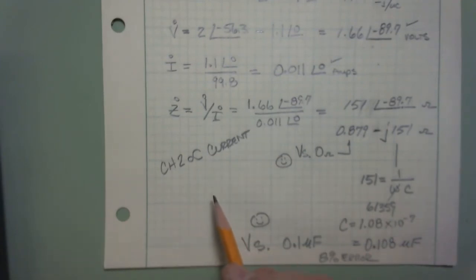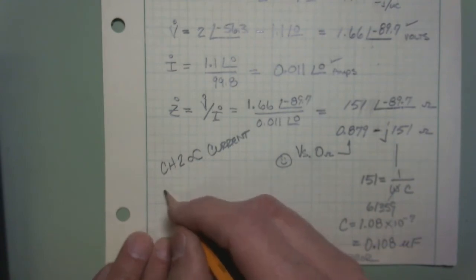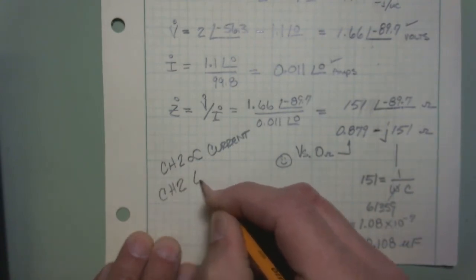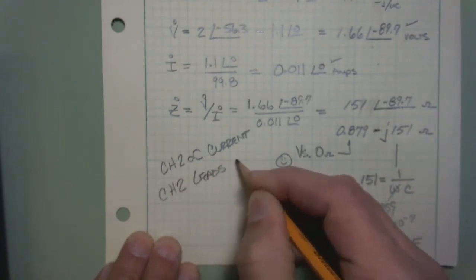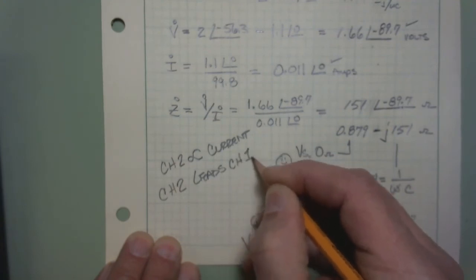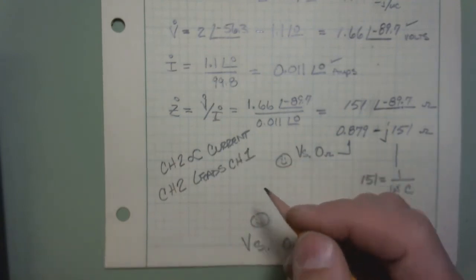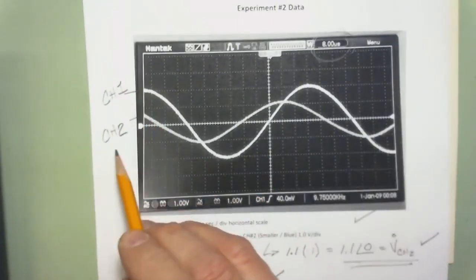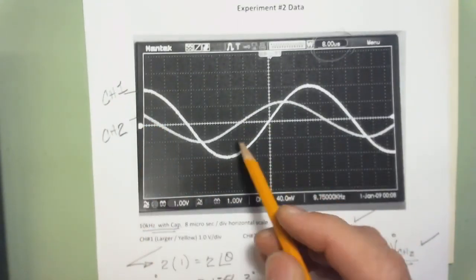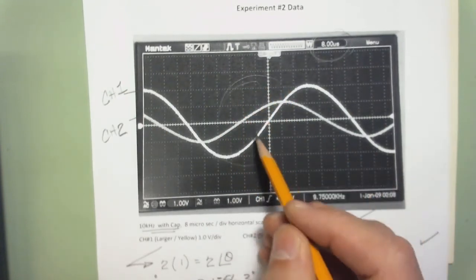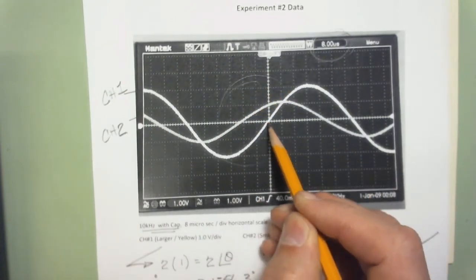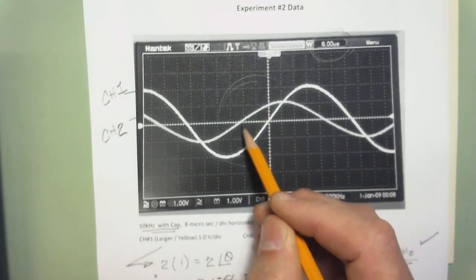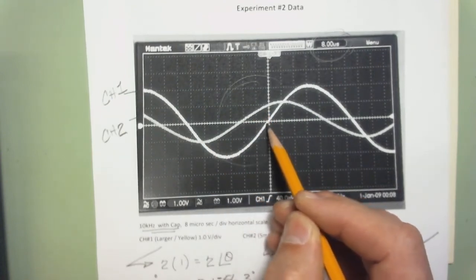And I can further say that channel 2 leads channel 1. Let's look at that. So back over here, I've got channel 1. And if we look at it right in this range here, we would say that this wave would be leading that way, right? So this is channel 2. Channel 2 is leading channel 1.